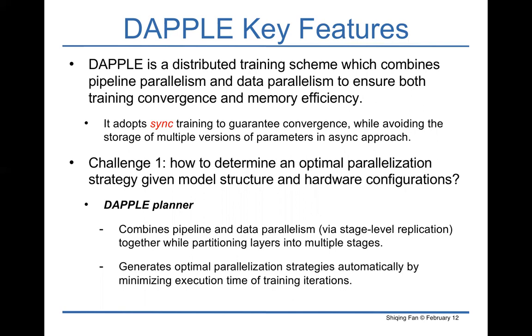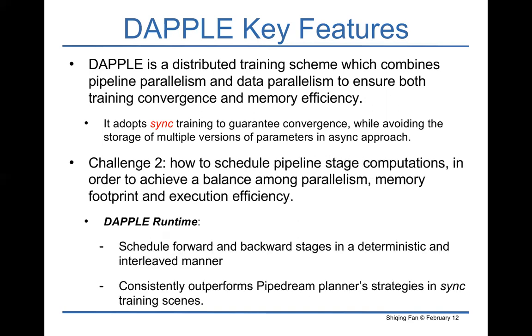Specifically, we address two design challenges. First, how to determine an optimal parallelism strategy given model structure and hardware configurations. We propose DAPPLE planner, which combines pipeline parallelism and data parallelism together while partitioning layers into multiple stages. Our DAPPLE planner will generate optimal parallelism strategies automatically by minimizing the execution time of training iterations.